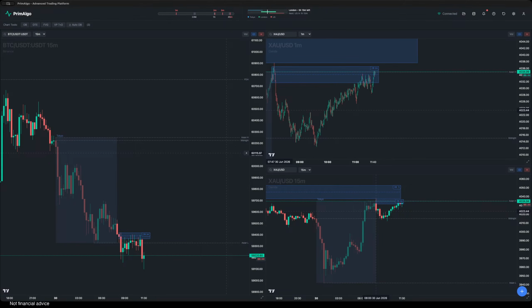So because of the volatility, they create pockets of liquidity, right? So 15 minutes and we've got the pre-market, the pre-orders.